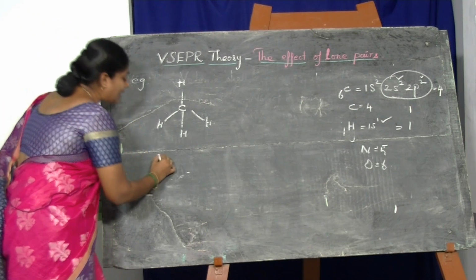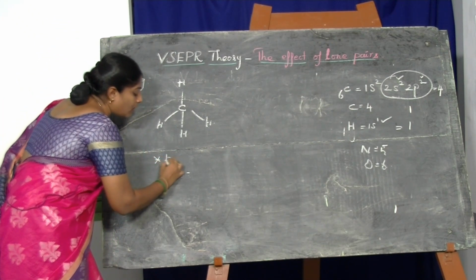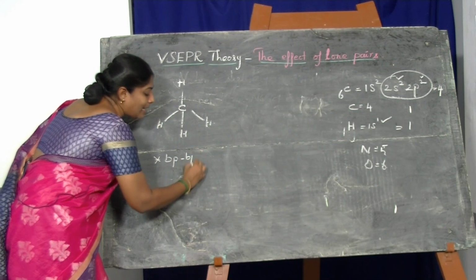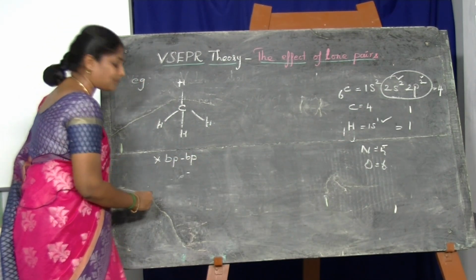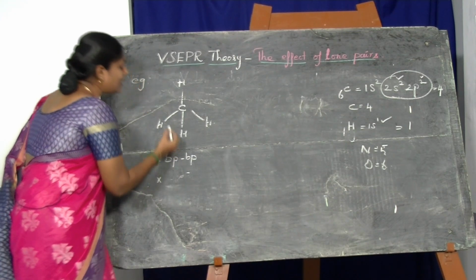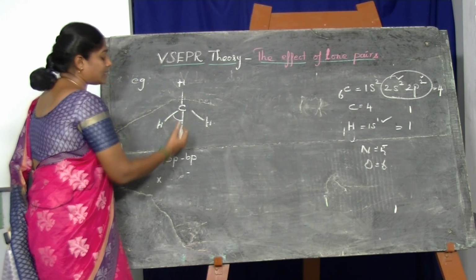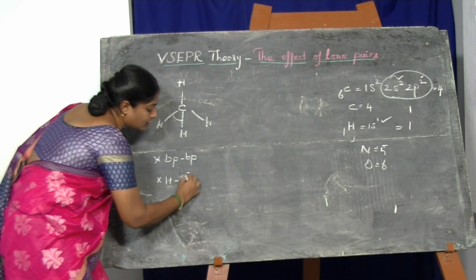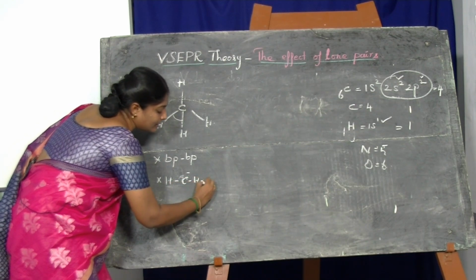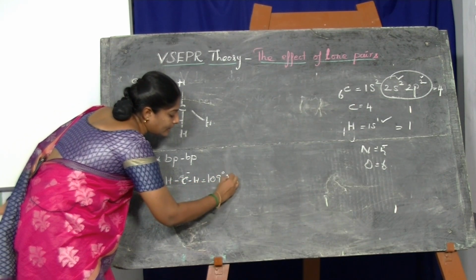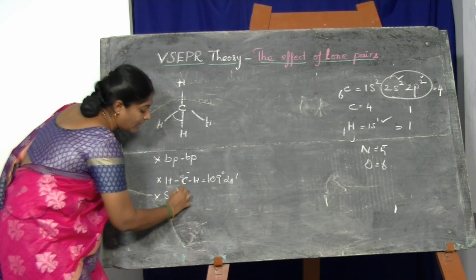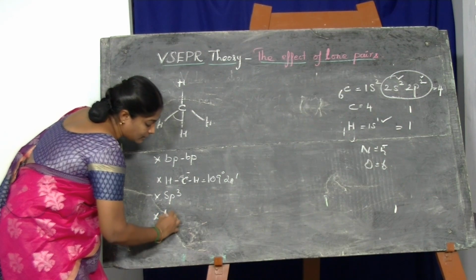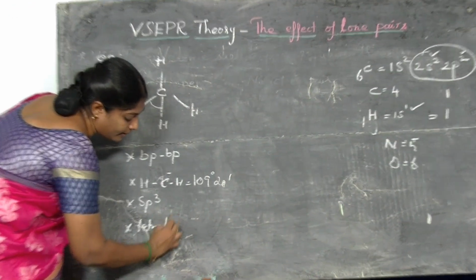So it has bond pair repulsion interaction. What is the bond angle of HCH? The HCH bond angle is 109 degree 28 minute, it has sp3 hybridization, and it has the shape of tetrahedral.